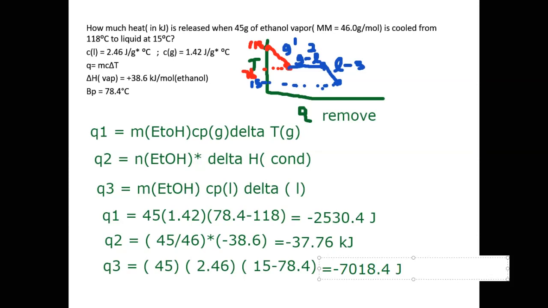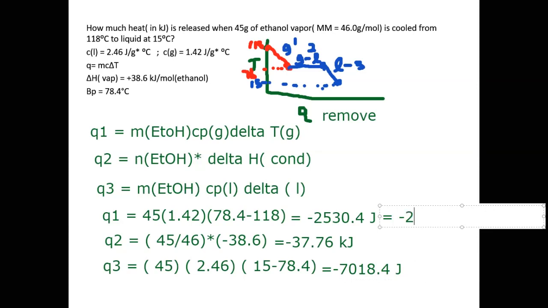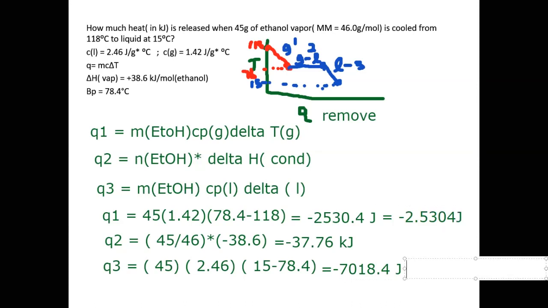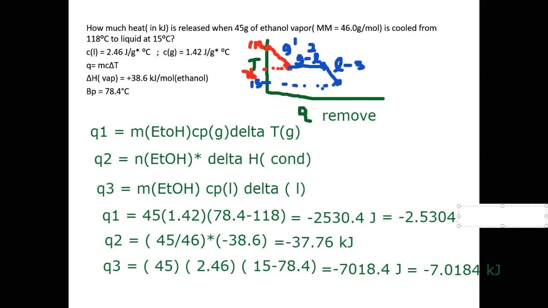And so now what I'm going to do is take the joules and convert them to kilojoules. Top one should be kilojoule as well. So now we have all Q1, Q2, and Q3 as kilojoules.